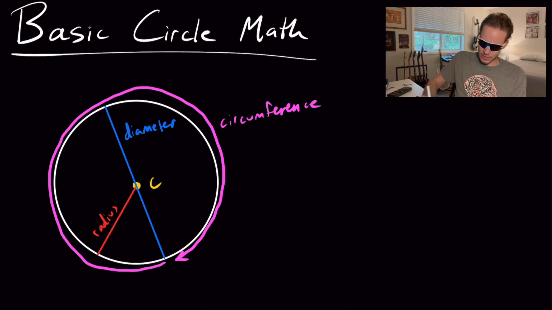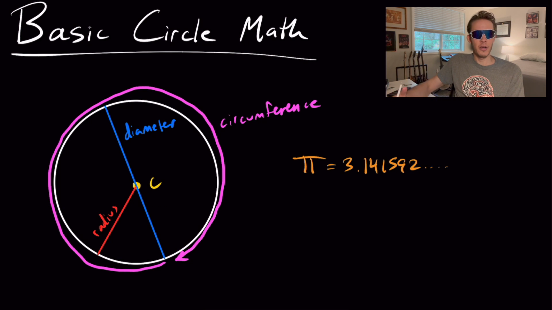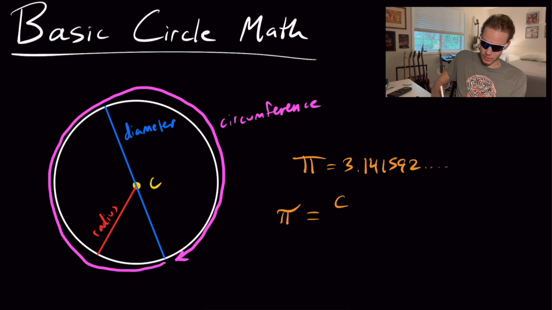One very important thing with circles, and you may already know it if you've done some digging on your own, is this concept of pi, right? And maybe you know that it's equal to 3.141592, and it's an irrational number, so it keeps on going on forever and ever. Well, where does pi come from? If you take any circle and you divide the circumference by its diameter, you're always going to get pi.